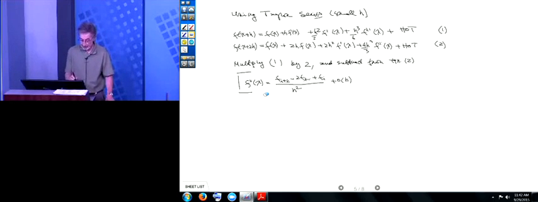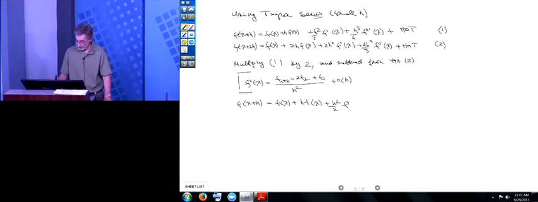So let's obtain a one-sided, or let's look at f of x plus h. This is equal to f of x plus h f prime of x, plus h squared over 2 f double prime of x plus h cubed over 6 f triple prime of x, again higher order terms, and solve this equation for f prime of x.